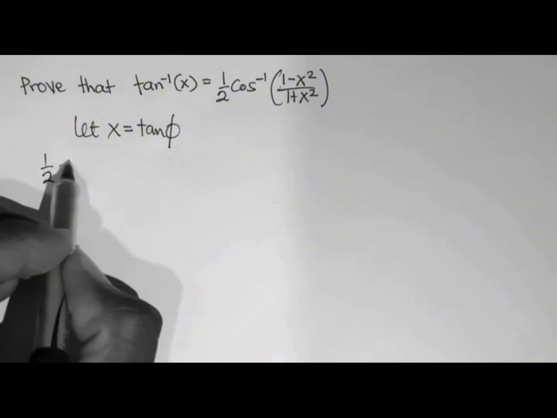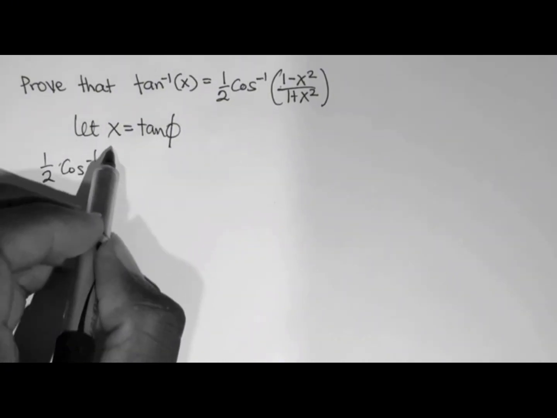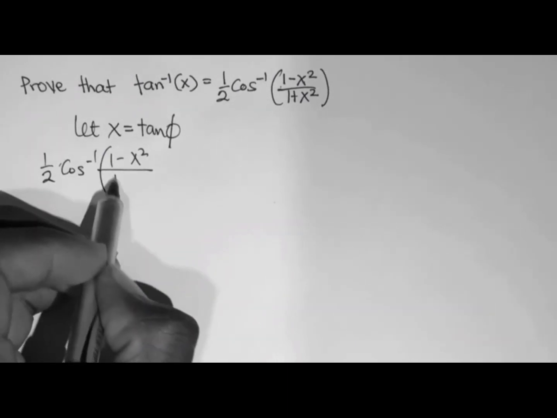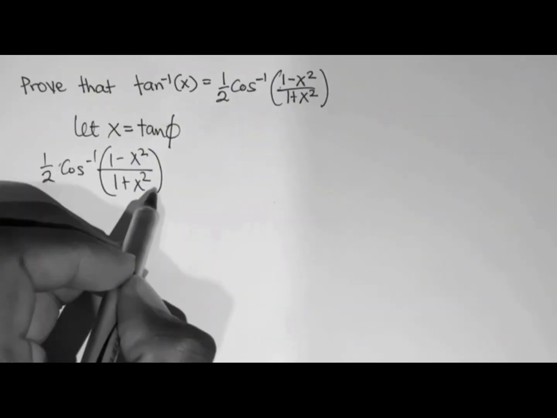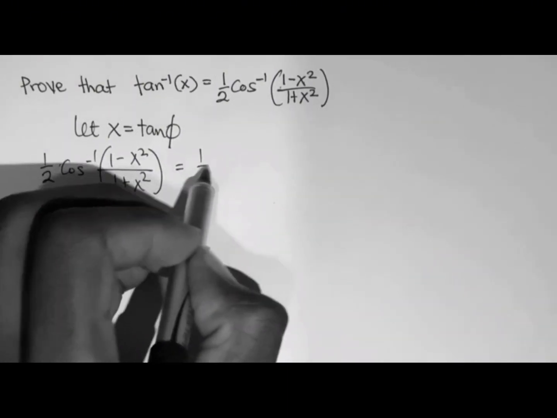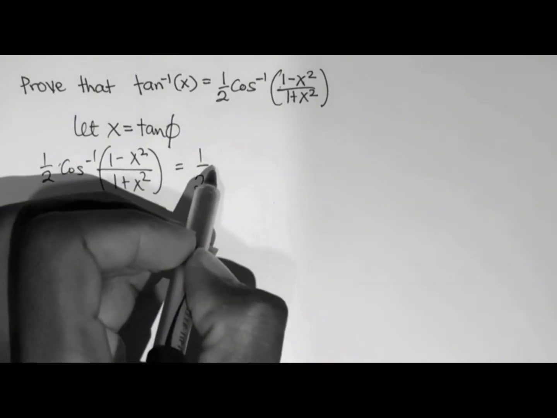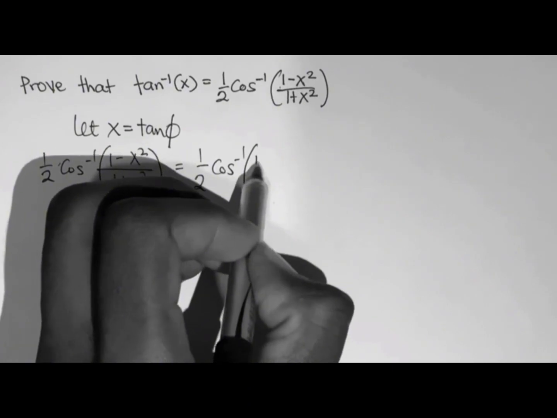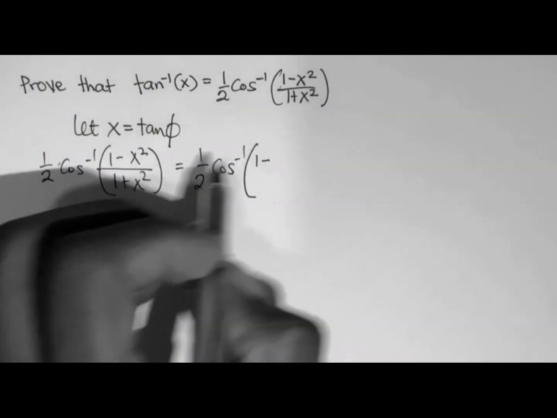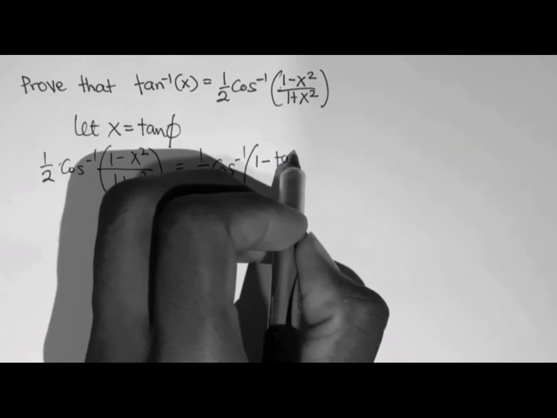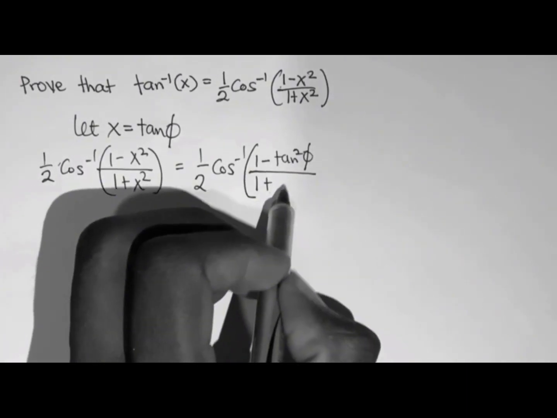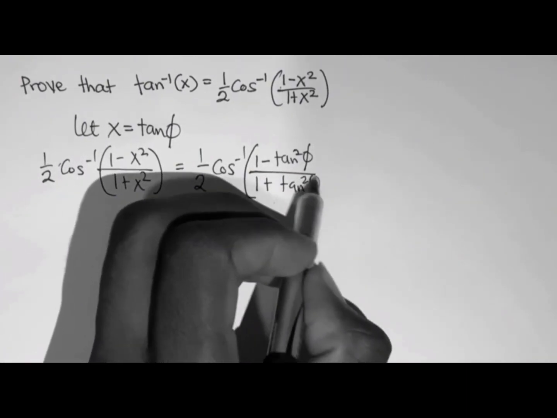And therefore, half cos inverse of (1 minus x squared) divided by (1 plus x squared) can be written as half cos inverse of (1 minus tan squared phi) divided by (1 plus tan squared phi).